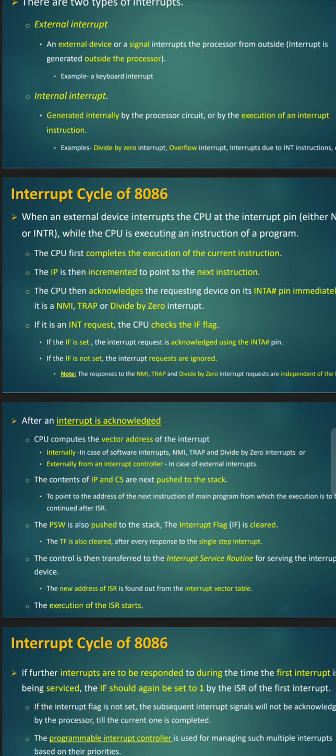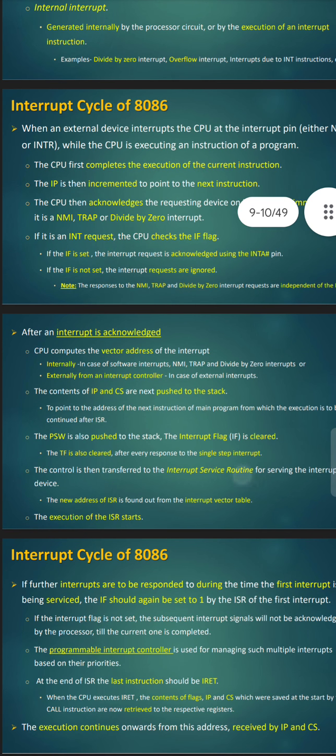Okay, if the acknowledgement is accepted by the CPU, then it computes the vector address. The interrupts will have vector addresses, and those vector addresses will be computed by the CPU. Okay, and the contents of the instruction pointer and CS are pushed to the stack.